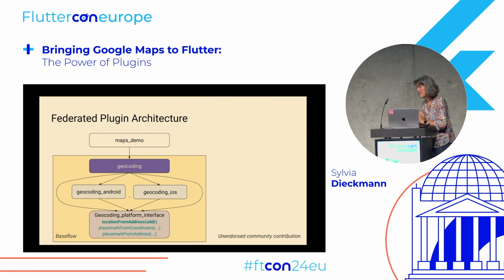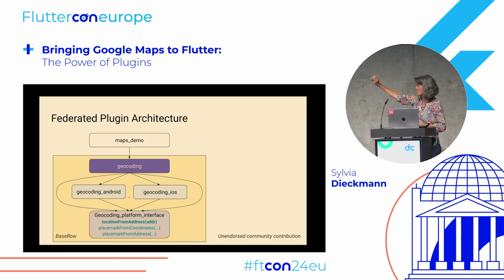What's really cool for me is that this package has been written as a federated plugin in a federated architecture. What this means is that in my Maps demo, I include the geocoding package. Now, the geocoding package is mostly a shell. It contains a list of the libraries and so on, but it is by all intents and purposes a shell.